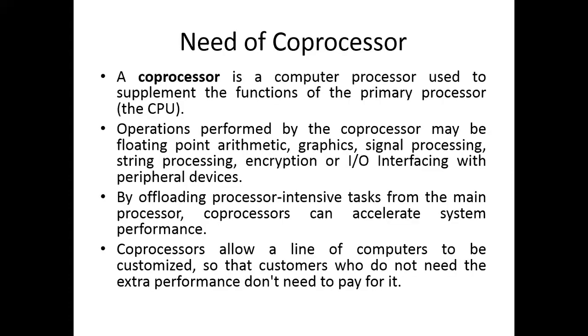First of all, we need to understand the need of a coprocessor. The coprocessor is a computer processor used to supplement the functions of the primary processor, that is your main processor. Basically, the coprocessor is used to perform floating point arithmetic, graphics, signal processing, string processing, encryption, I/O operations, and many more, which accelerates the performance or the computing capability of the processor.